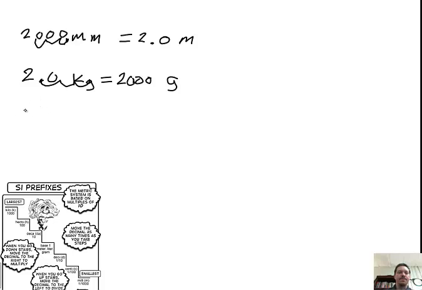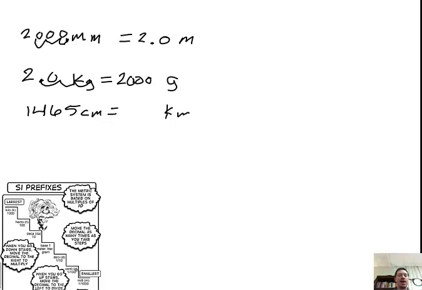Let's do one more. Let's say that we've got 1,465 centimeters, and we want to show it in kilometers. So now we're at this step, and we're going 1, 2, 3, 4, 5 steps to a larger unit.